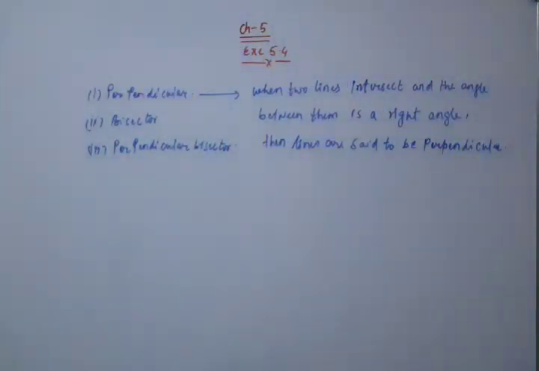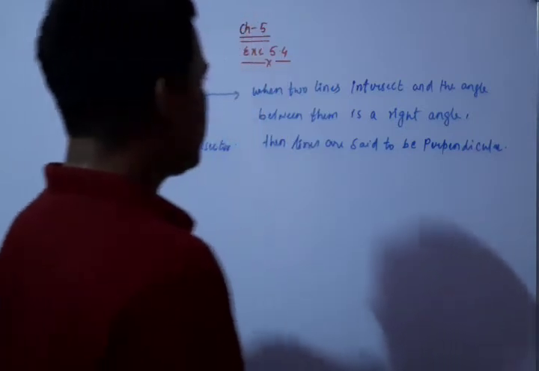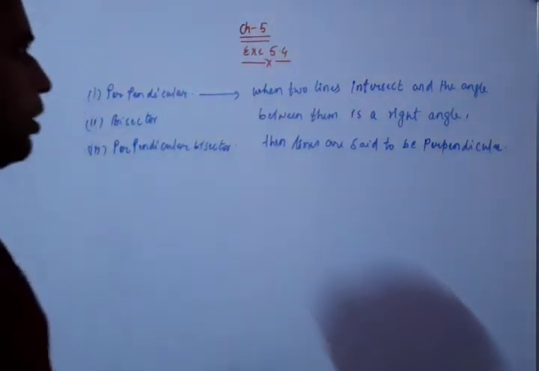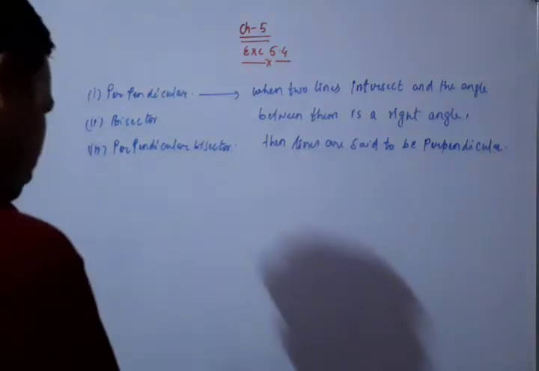What is the definition of perpendicular? When two lines intersect and the angle between them is a right angle, means 90 degrees, then the lines are said to be perpendicular.